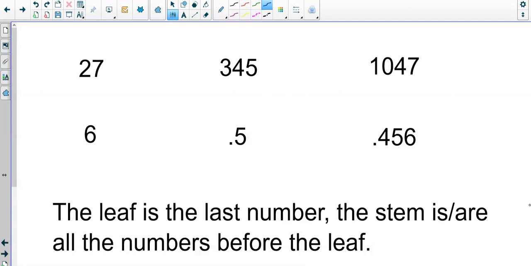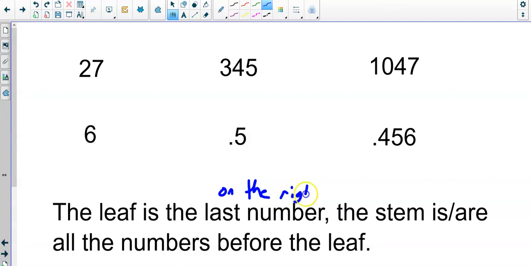The stem is, or maybe are, because there may be more than one value for the stem, all the numbers before the leaf. So in other words, when I say the last number, it is the last number on the left. Sorry, right.